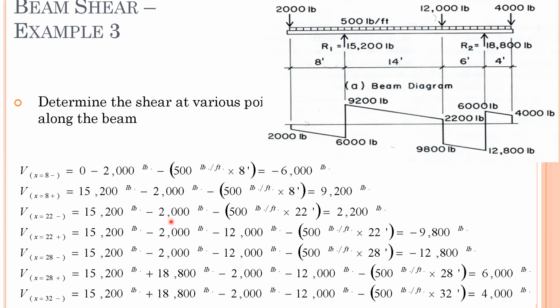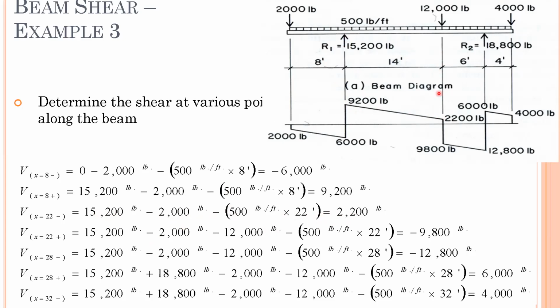Now this value here gives us positive 2,200 from this reaction here, coming from the negative on this side here. All right, so it ends up giving you 2,200 up to 22. So this is where your 22 drops you, right?